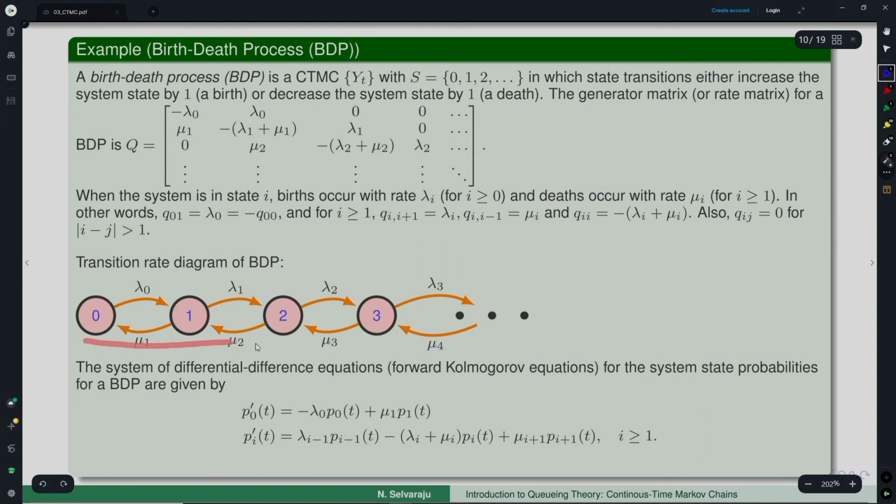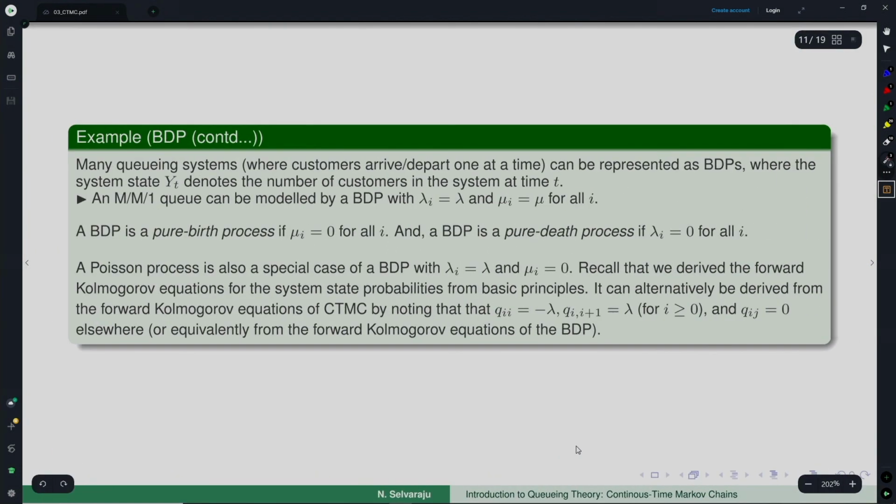Otherwise, you can obtain it from this diagram and straight away write it down, where this would mean flow into the state. For example, if I look at state 0, this is the flow into the state and this is the flow out of the state, and the difference is the growth of P0 of t.